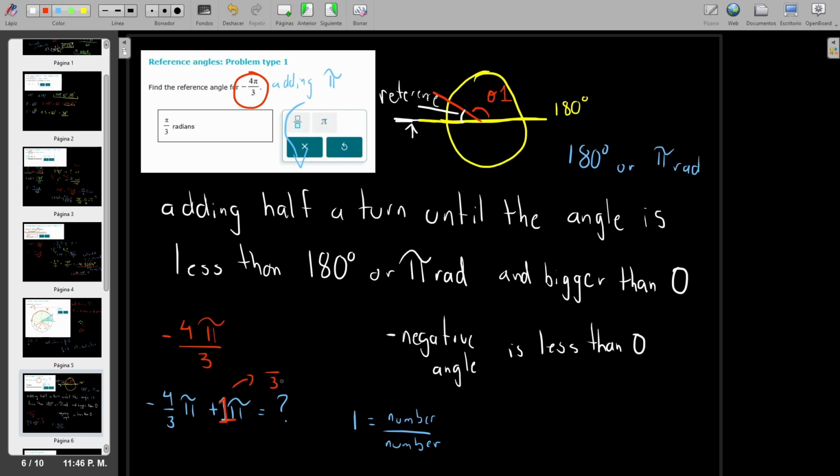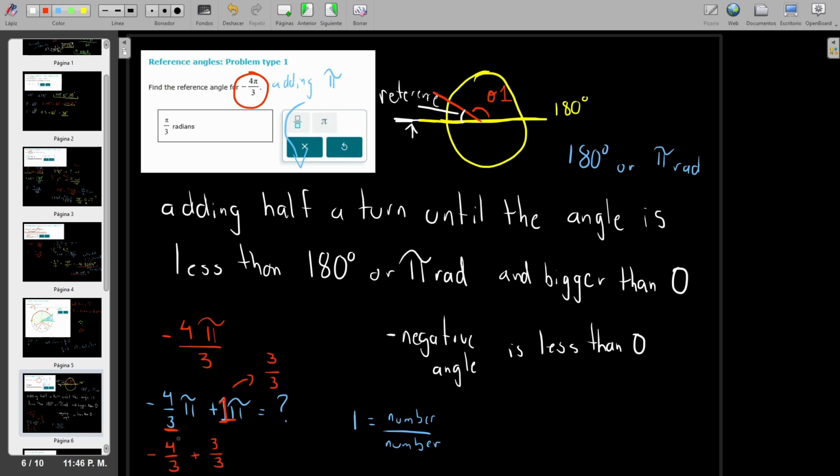So which number divided over 3 is going to give us 1? It's going to be 3. So we can write this as minus 4 over 3 plus 3 over 3.